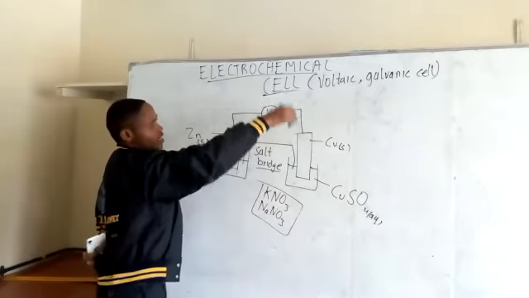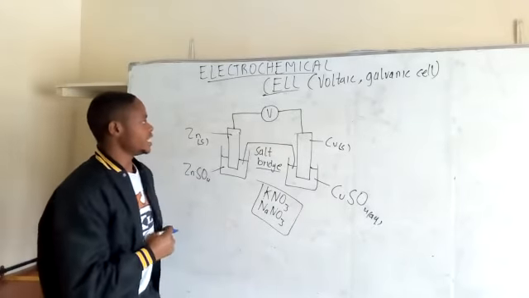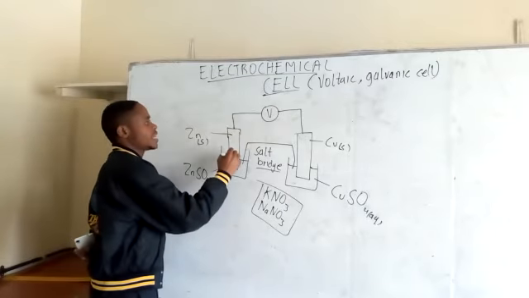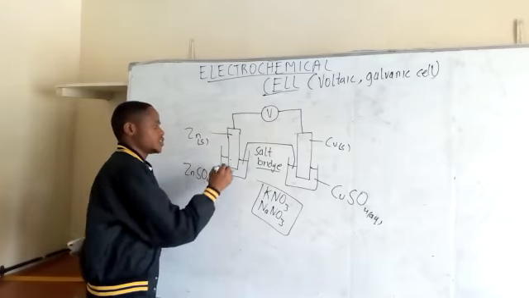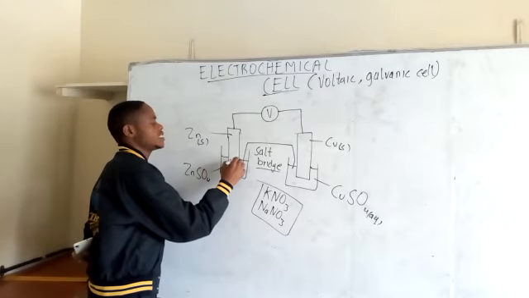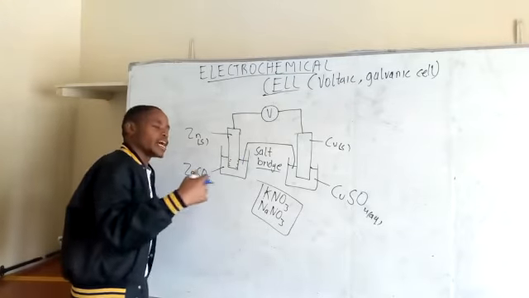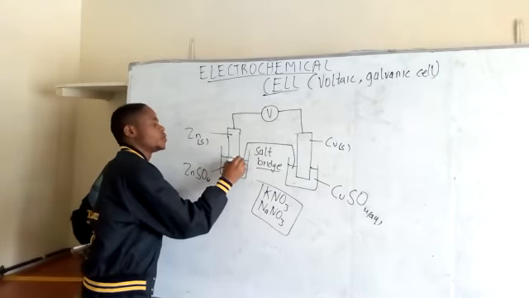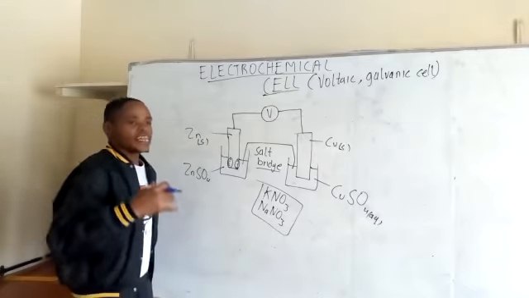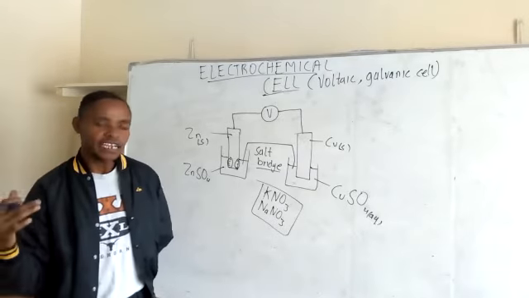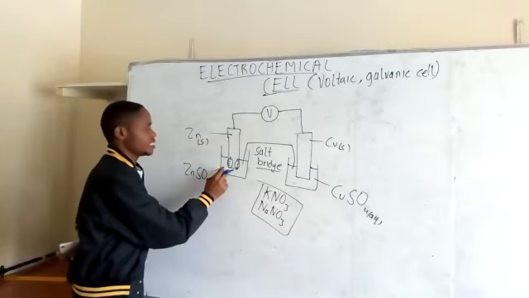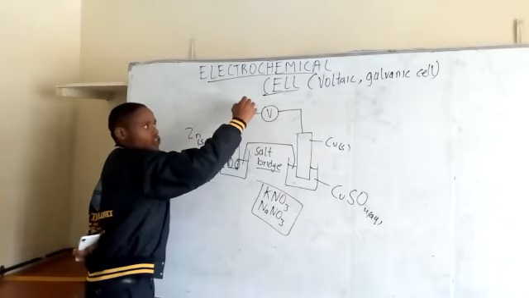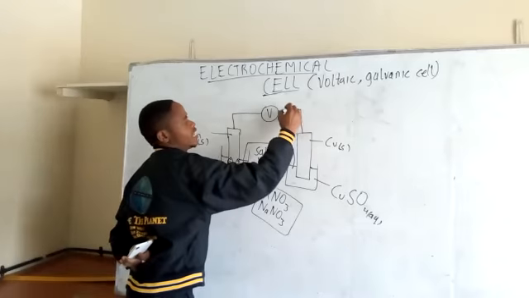Now you can see our circuit is complete, and once the circuit is complete, the electrons, remember we saw that each half cell will ionize and some negative charges will form on its surface. The electrode with the highest concentration of negative charges, the electrons will flow from that electrode to the one that has less concentration.